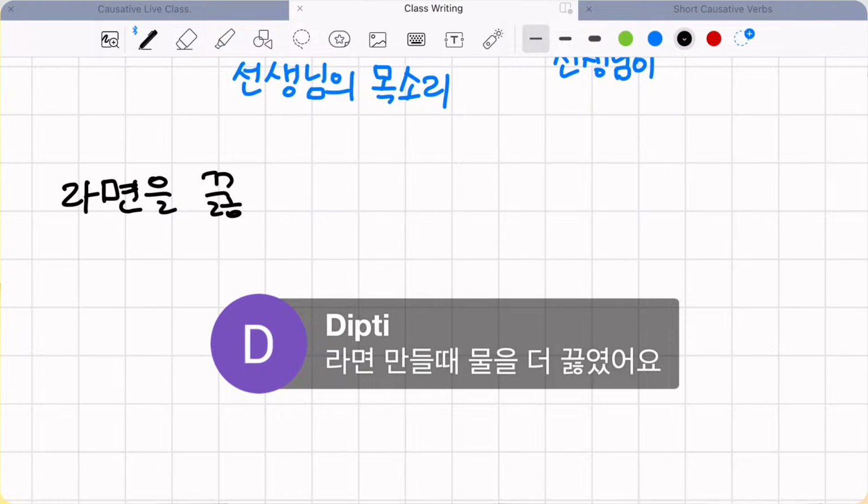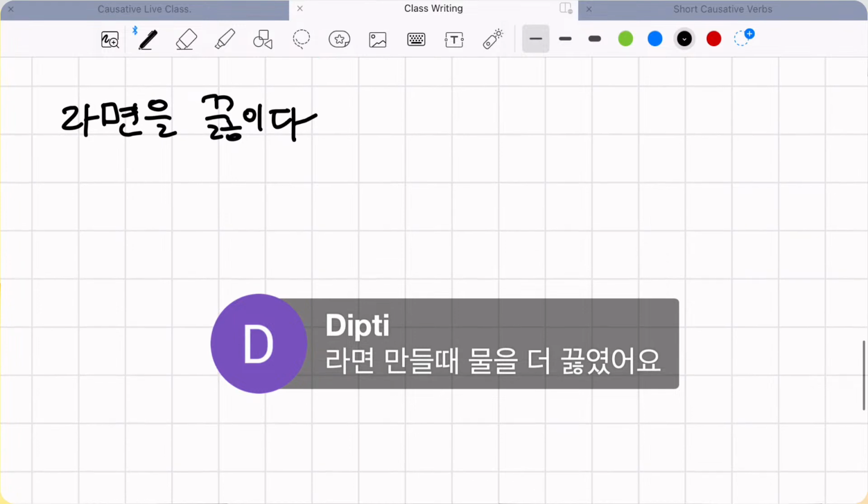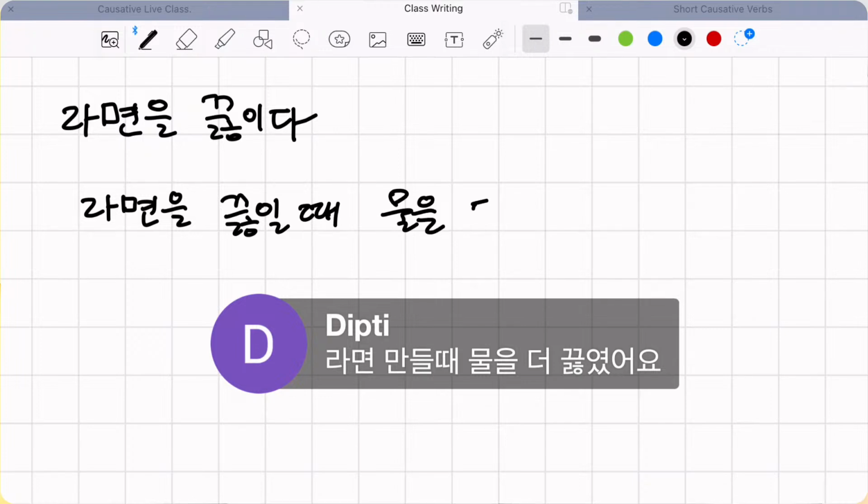Unless it's cup noodle, we always say 라면을 끓이다 to mean to make ramen. So 라면을 끓일 때 물을 더 넣었어요라고 하시면 좀 더 자연스러워요. 라면을 끓일 때 물을 더 넣었어요. I put in more water. 이렇게 하시면 조금 더 자연스러울 것 같아요.